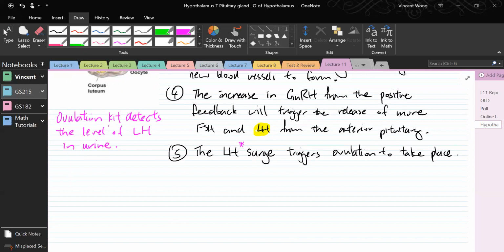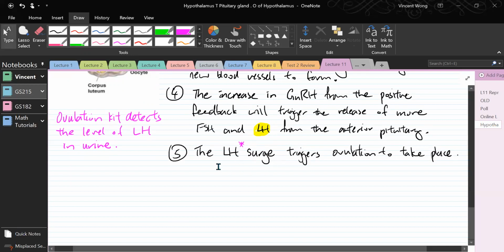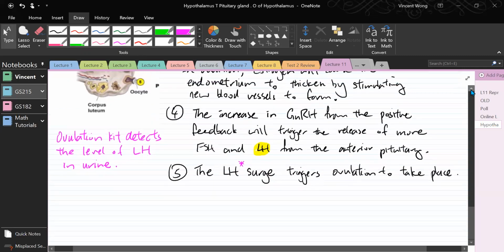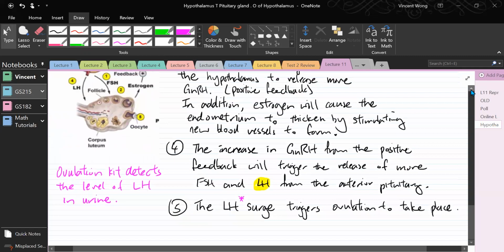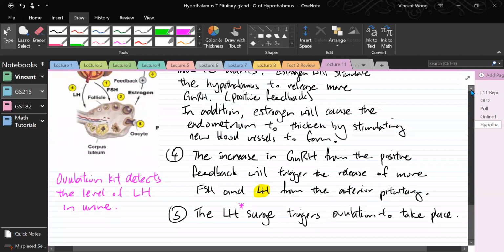And if all of a sudden there is a drastic increase compared to the previous day, then it's telling you that there is an LH surge in the body, which means ovulation is either going to be today or tomorrow. So this is useful information for people who are trying to get pregnant or trying to avoid getting pregnant.